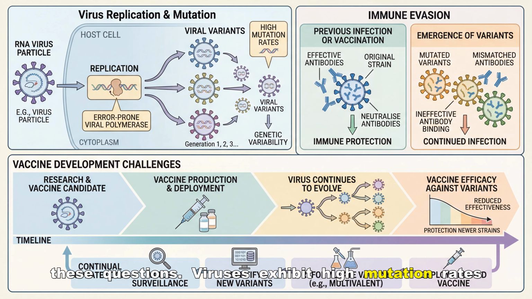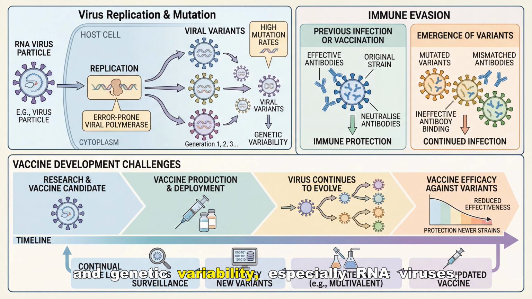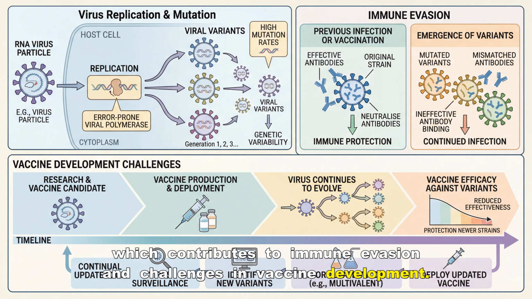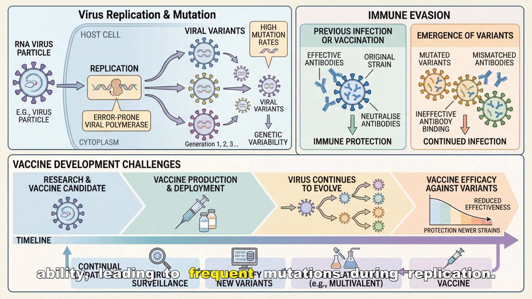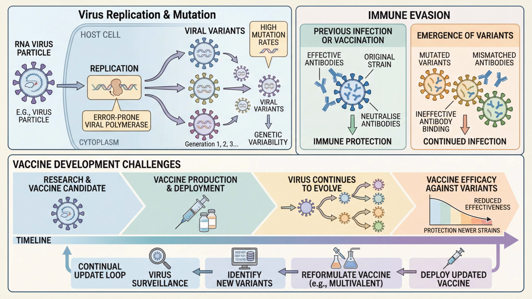Viruses exhibit high mutation rates and genetic variability, especially RNA viruses, which contributes to immune evasion and challenges in vaccine development. RNA-dependent RNA polymerases lack proofreading ability, leading to frequent mutations during replication, which is why RNA viruses like influenza and HIV evolve so rapidly.